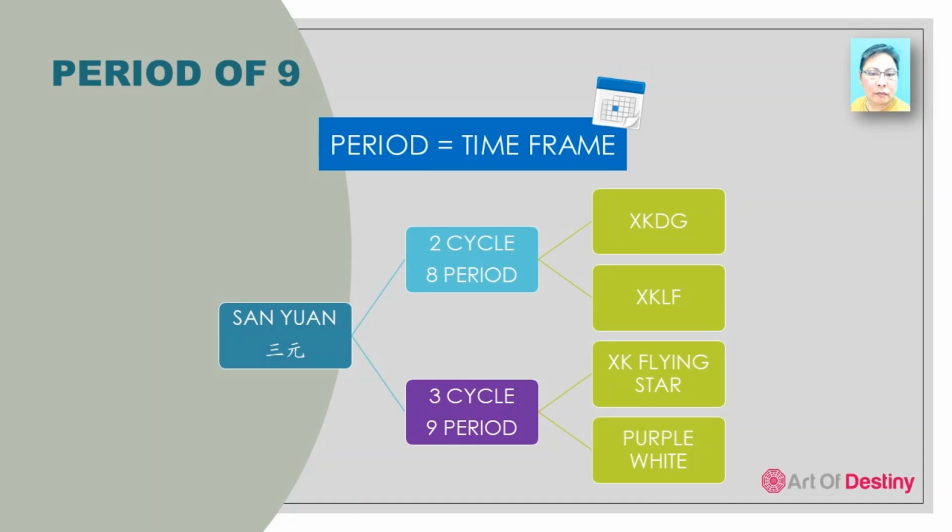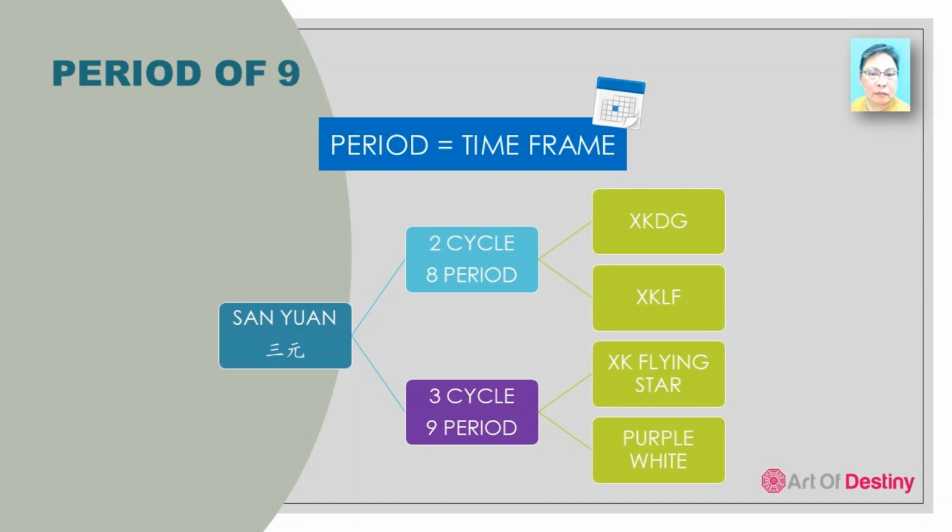When people go to annual Feng Shui talks and updates, they always show you a table with 9 numbers and tell you where the wealth star is, where the robbery star is. That is part of the Xuan Kong Flying Star system. So when they talk about this period of 9, primarily they are referring to the 3-cycle 9-period system. As such, I'm going to make this system the main subject that I talk about.